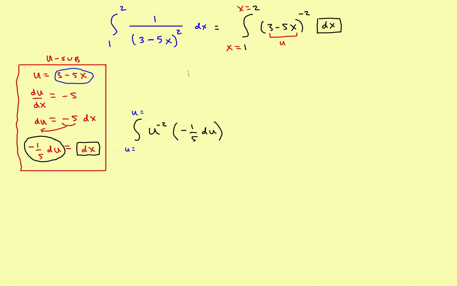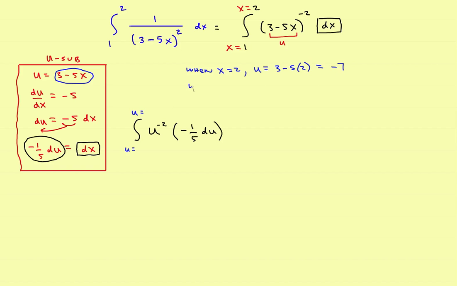I'll start with the top limit. So when x is equal to 2, then u is equal to, and plug a 2 into this thing right here, so 3 minus 5 times 2. Well, that would be 3 minus 10, which would be a negative 7.